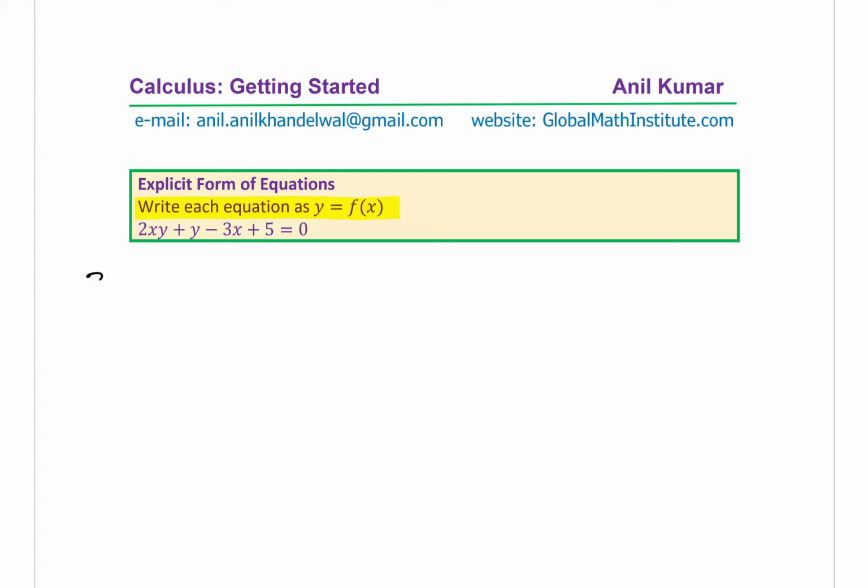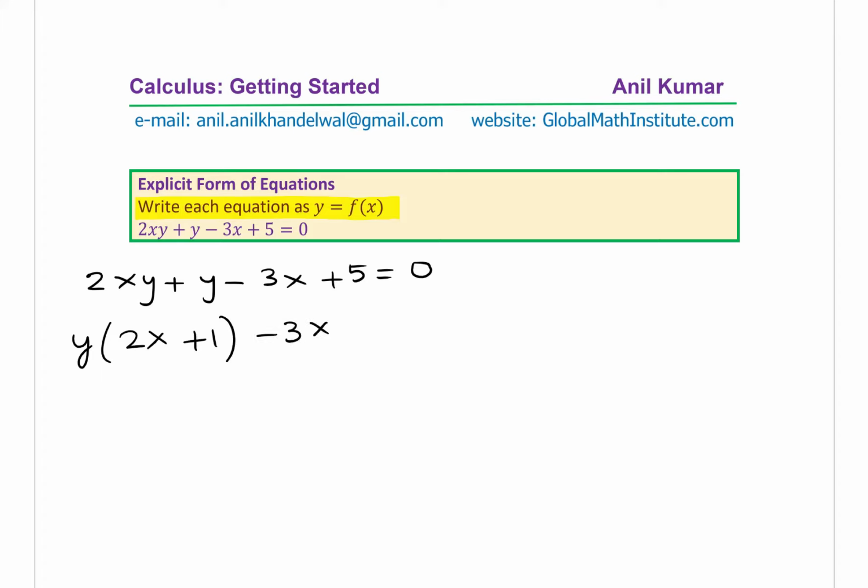We are given the equation which is 2xy plus y minus 3x plus 5 equals 0. Now from the first two terms we can take y common. So we get y times 2x plus 1, and we have minus 3x plus 5 equals 0. Now it is easy. We will take the other terms first to the right side, right?